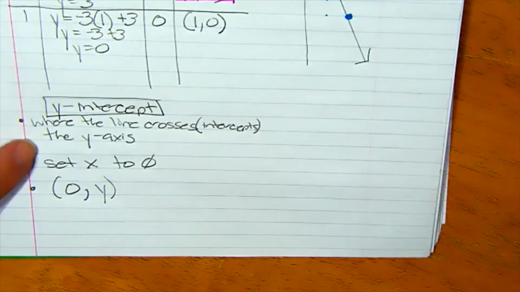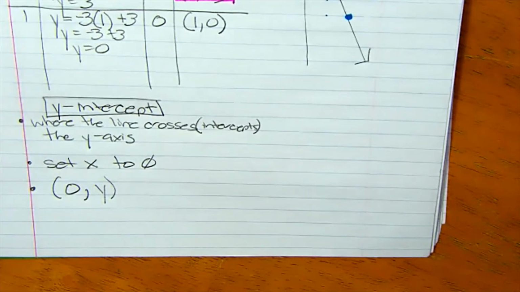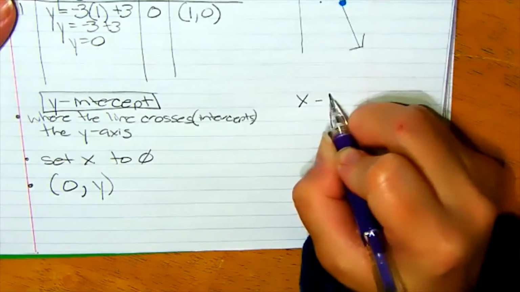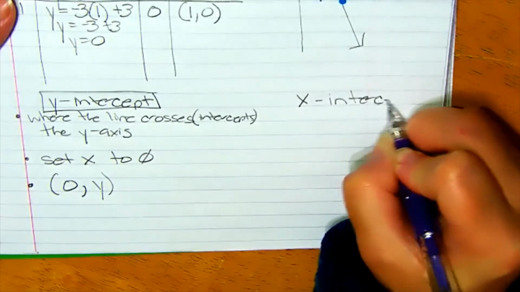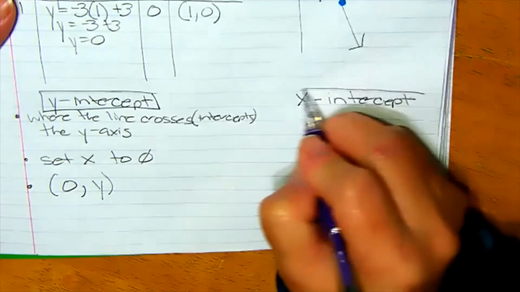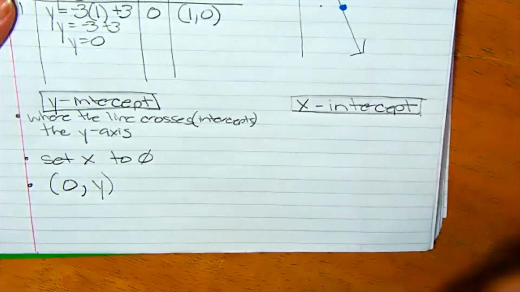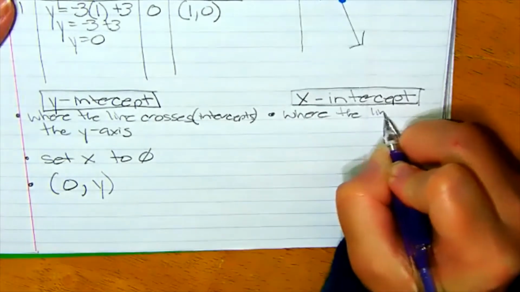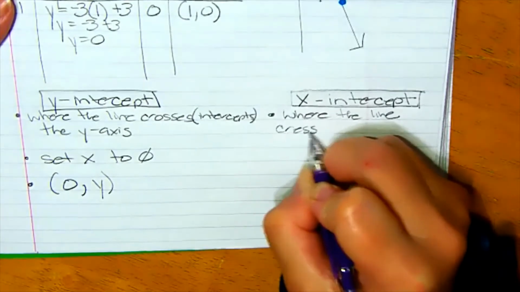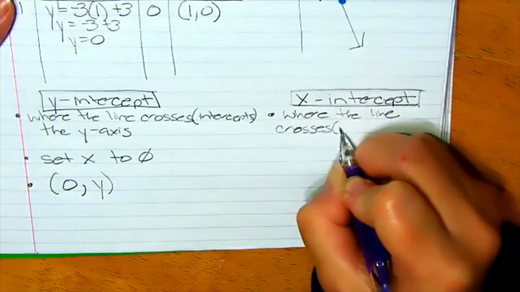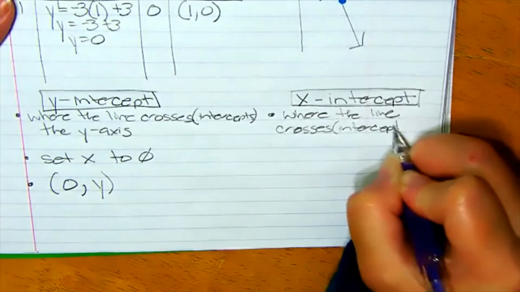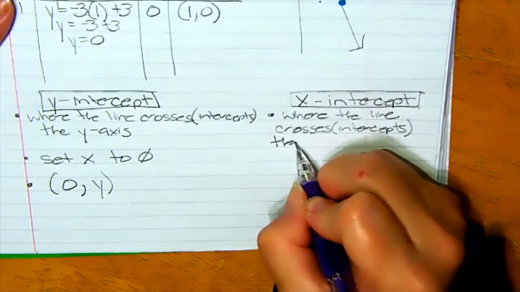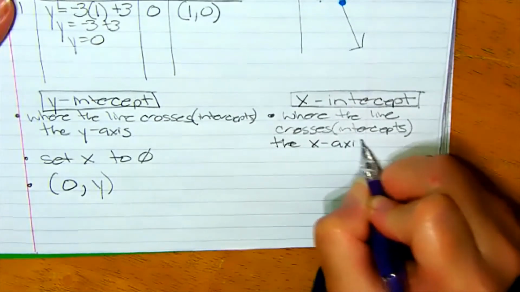So this is y-intercept. But now the problem is asking us, how do we find the x-intercept? Well, first of all, the x-intercept is where the line crosses or intercepts the x-axis.